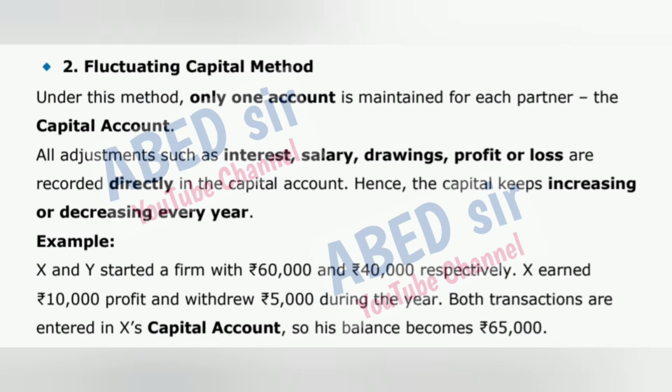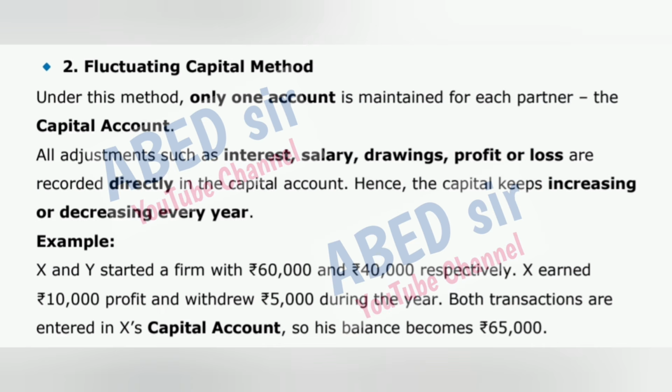2. Fluctuating capital method. Under this method, only one account is maintained for each partner, the capital account. All adjustments such as interest, salary, drawings, profit or loss are recorded directly in the capital account. Hence, the capital keeps increasing or decreasing every year.